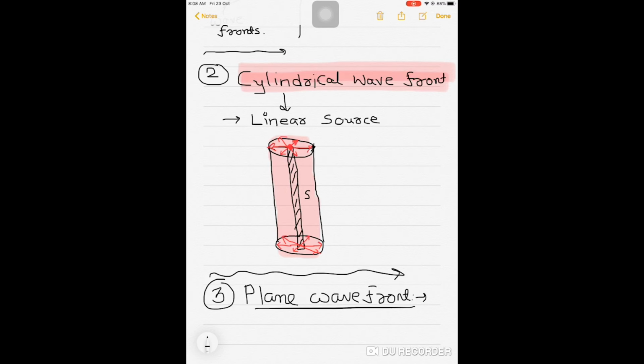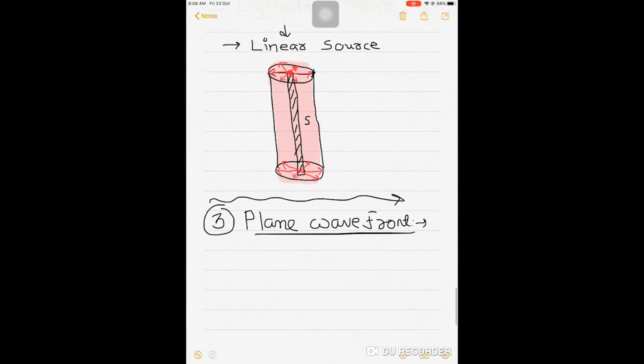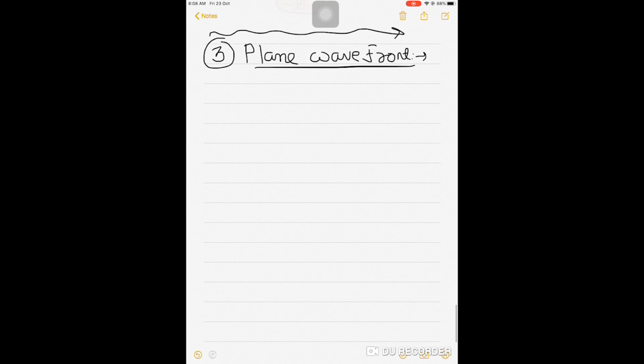So whether the source is a point source or a linear source, at a large distance it loses its curvature and becomes plane, and that is called a plane wavefront.